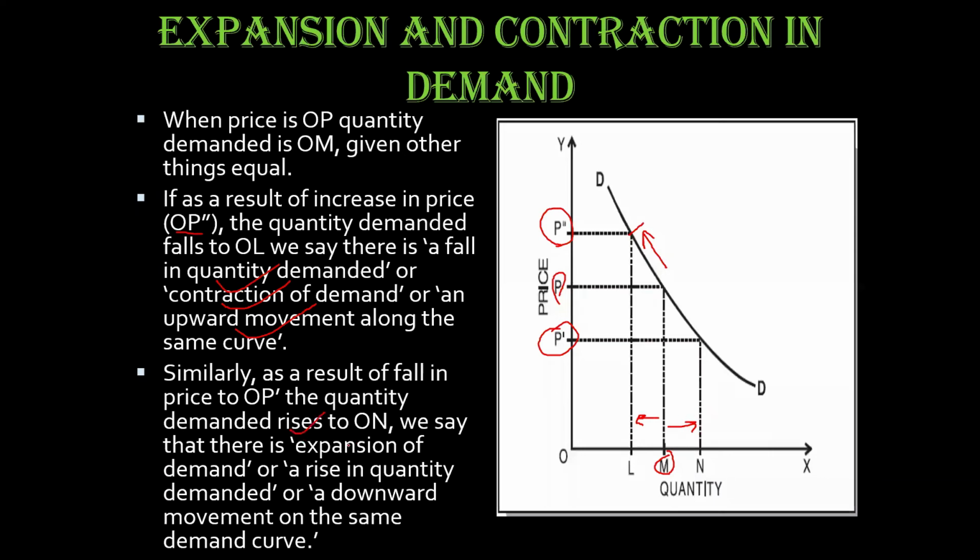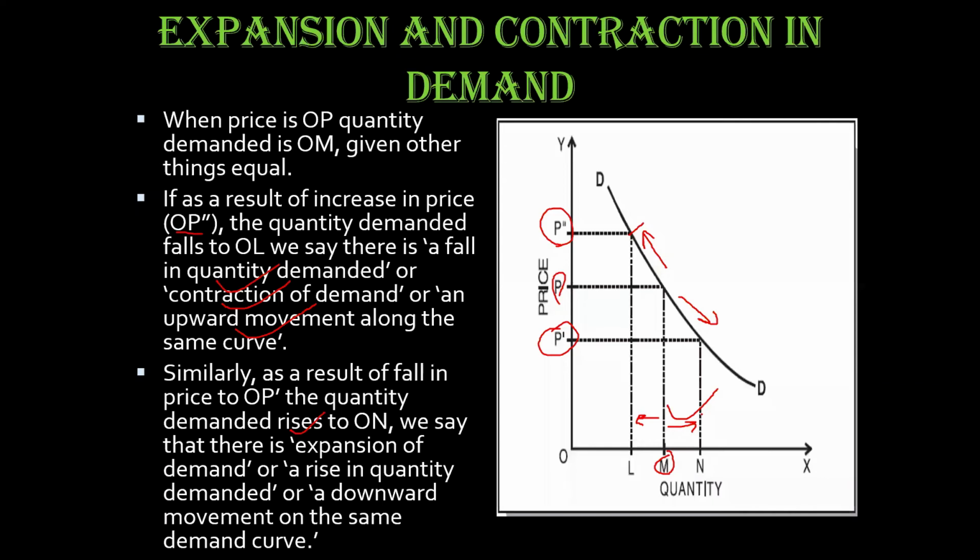When quantity demanded rises, it is known as expansion of demand. Now this is known as expansion of demand, and it is also known as downward movement on the same demand curve, or it is known as rise in quantity demanded. So any name can be given.